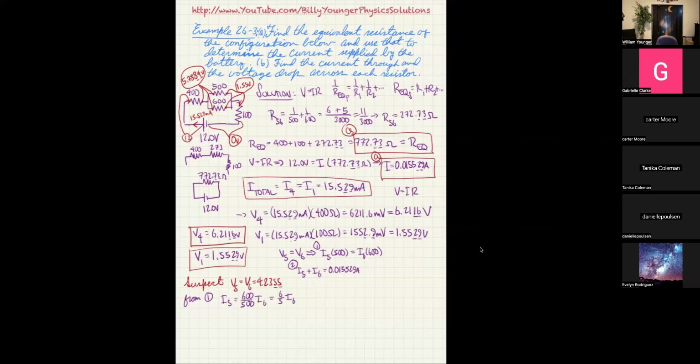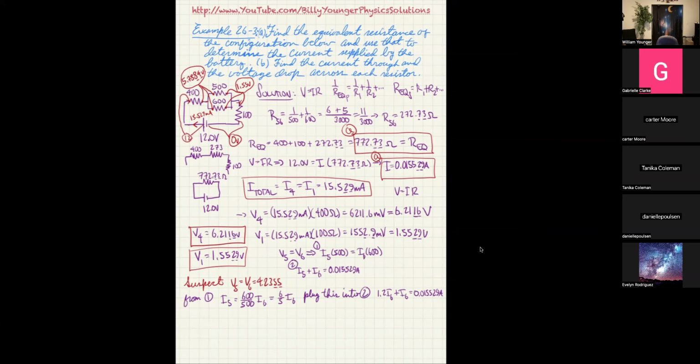So now I can plug this into equation 2, and what I get now is I5, I'm going to write 1.2 I6 plus I6 is equal to 0.015529 amps, like that.